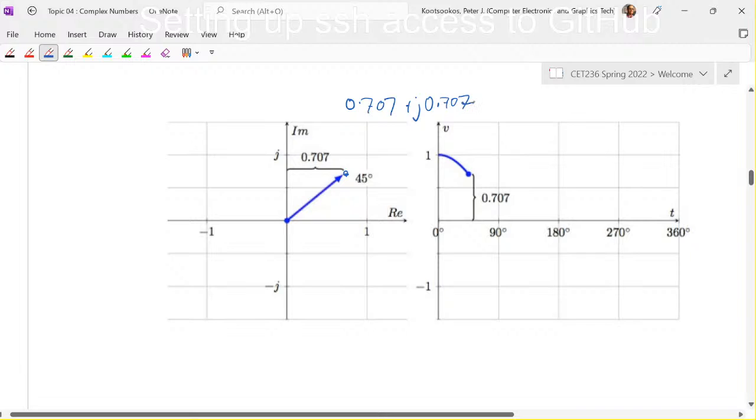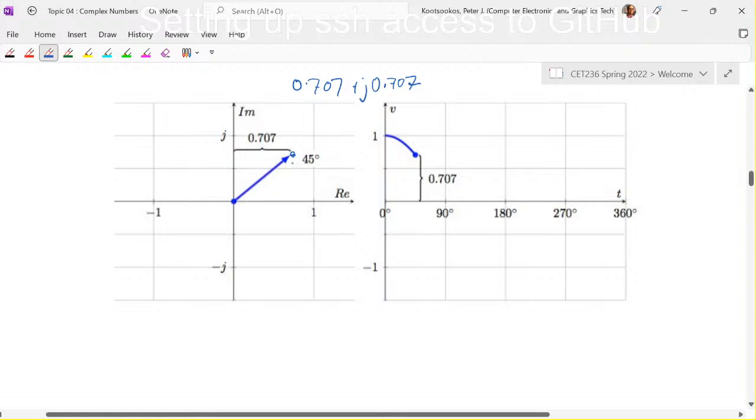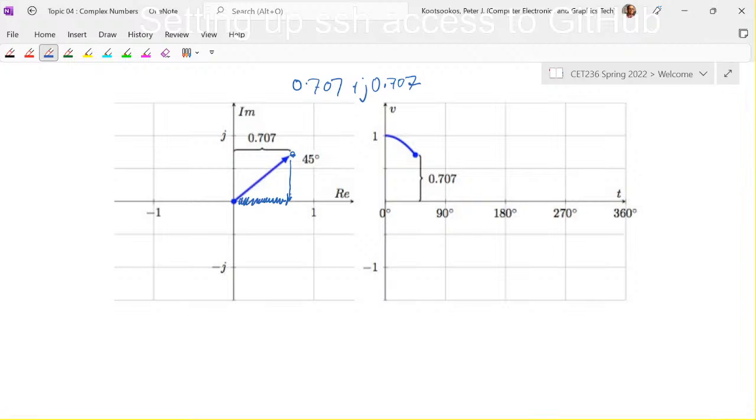Now, the projection of that vector onto the real number line is 1 on root 2, 0.707, right? So I get that value instead of 1.